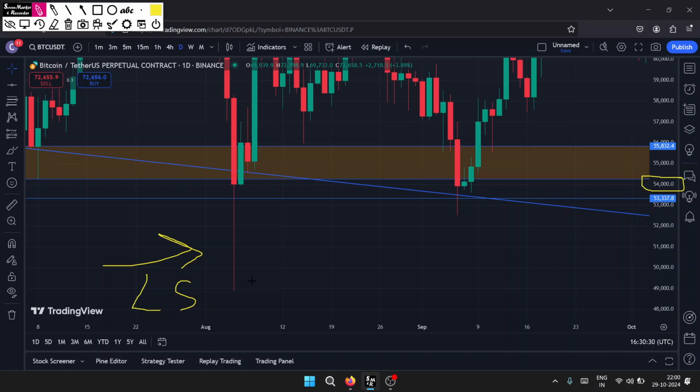Whenever the term rapidly comes, that's a liquidity sweep. Rapidly, liquidity sweep. Again, rapidly, liquidity sweep. That's really important. So price came all the way down to 49, I think that was the cheapest Bitcoin you can ever get. And then it went up again to 54,000. Liquidity sweep, right? And as you can see, it closed above the round number.